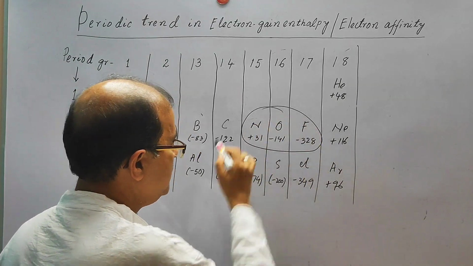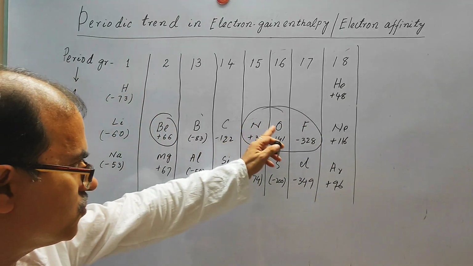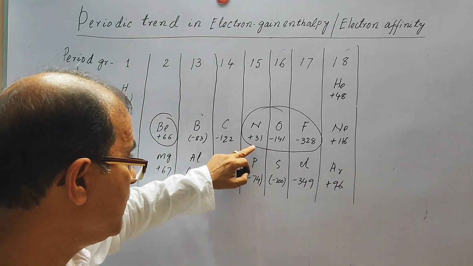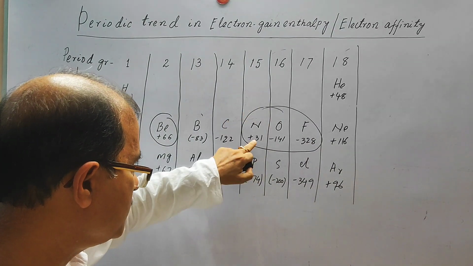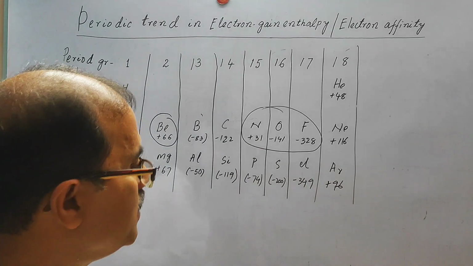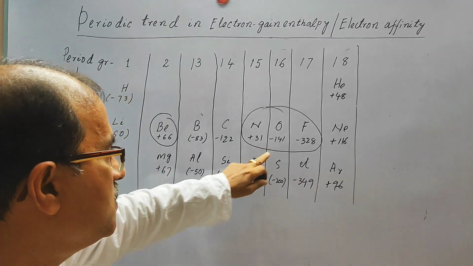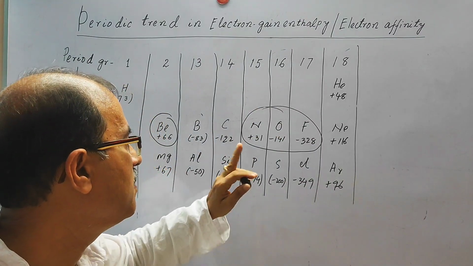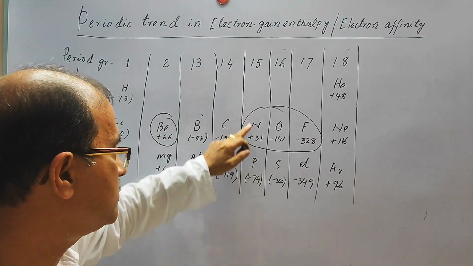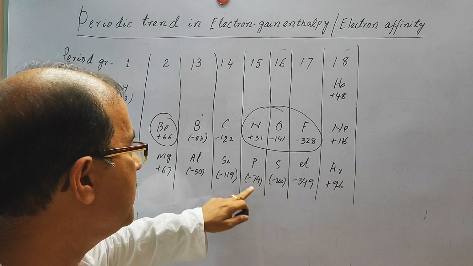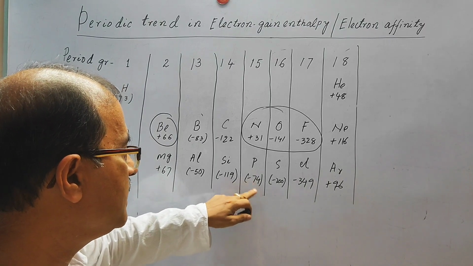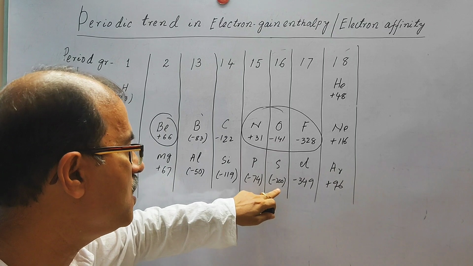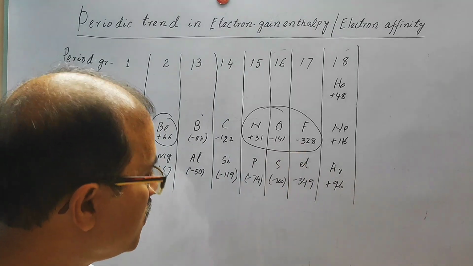In these three elements, nitrogen, oxygen and fluorine, nitrogen has a positive electron gain enthalpy, whereas oxygen is negative and fluorine is negative. But if we see the same group elements, phosphorus you will find is negative, and sulfur also you can see more negative, and chlorine also more negative.